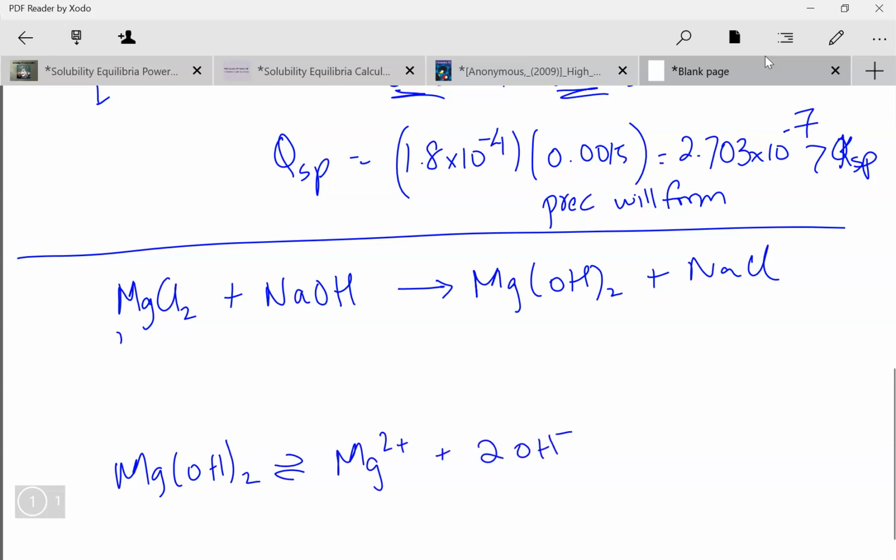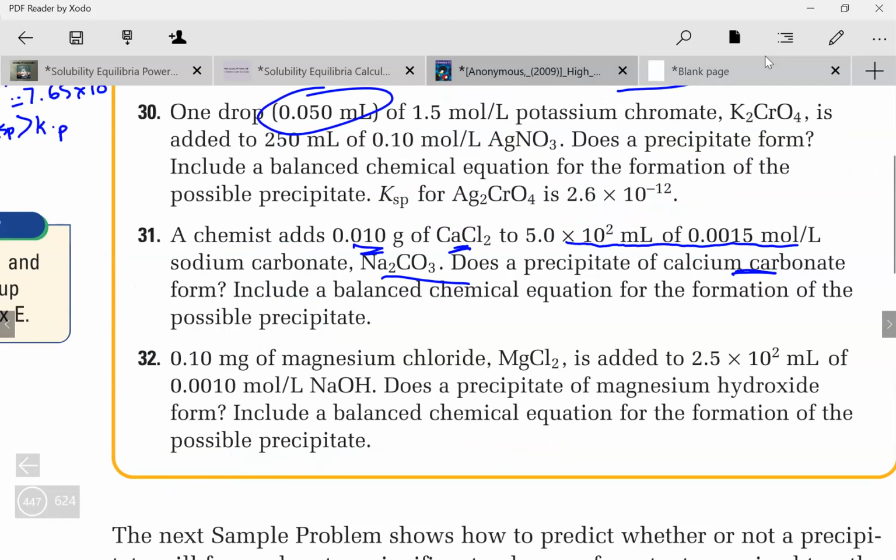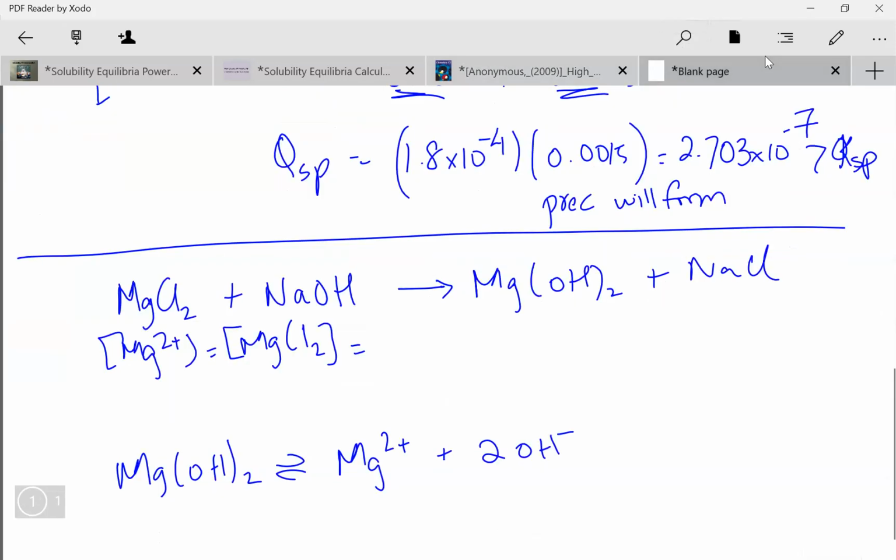Here, again, I need my concentration of magnesium, which is equal to my concentration of magnesium chloride, which is basically given by 10 milligrams. Oh my god, it's making life more difficult for me. 0.1 times 10 to the power negative 3 grams, 1 mole.